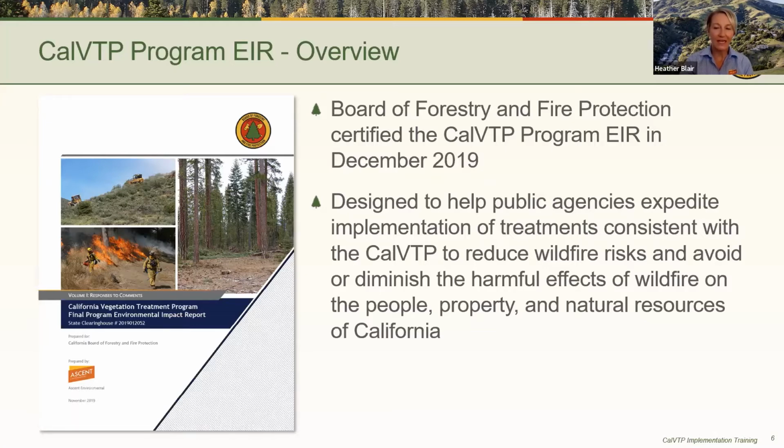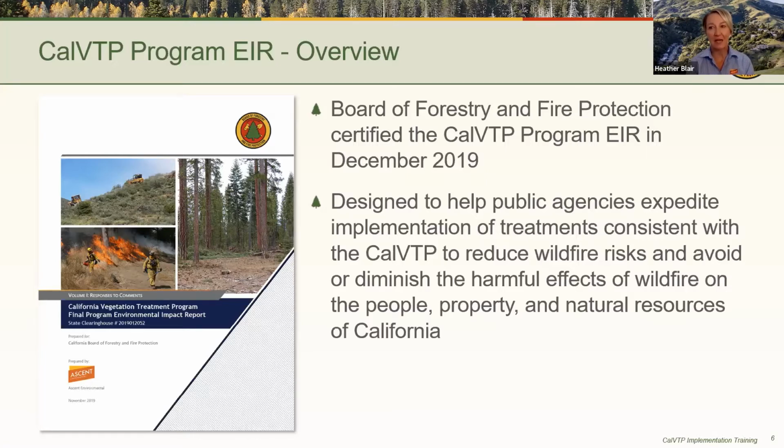State and local public agencies with a discretionary approval, such as funding, permitting, implementation, or other approval, are required to comply with CEQA. Private entities, including private landowners and non-governmental organizations, can prepare a project-specific analysis under the CalVTP Program EIR for CEQA coverage of a treatment project, but the requirement for CEQA compliance rests with the public agency that has a discretionary approval for the project.